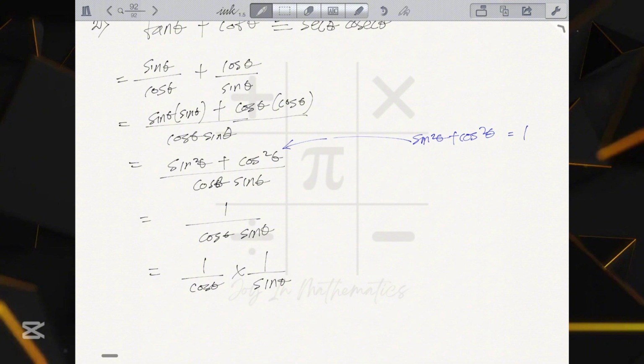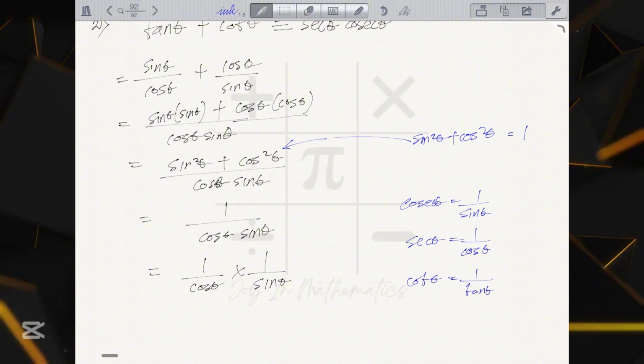Now let's recall the reciprocal functions. In the reciprocal functions, we understand that cosec theta is equal to 1 over sin theta, and sec theta is equal to 1 over cos theta. Likewise, cot theta is equal to 1 over tan theta.